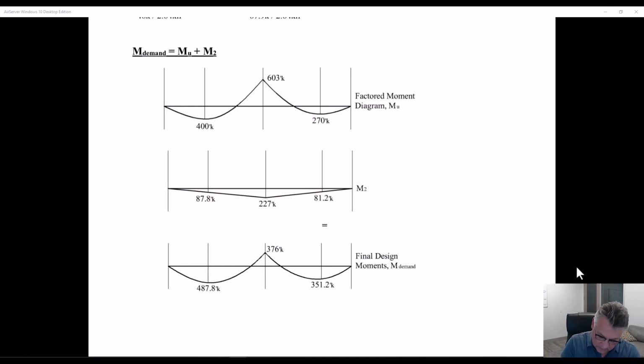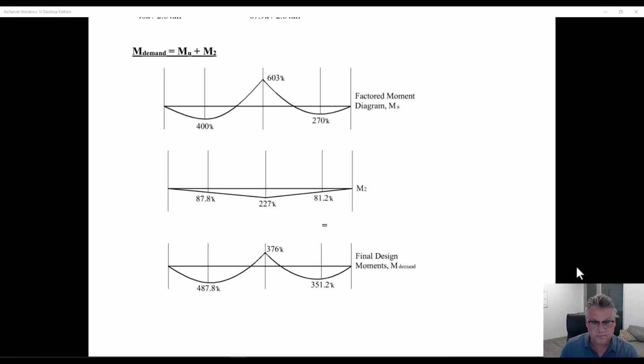So notice that when I superimpose this 603 minus 227, I actually only have to design for 376 foot kips. That may seem very strange to you, but that is the statics. That is the truth. I get a lot of people, when they come to that realization, they say, oh my gosh, shouldn't you just design for the 603 foot kips? No. That's not statically what is happening.